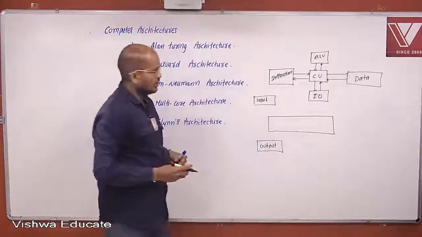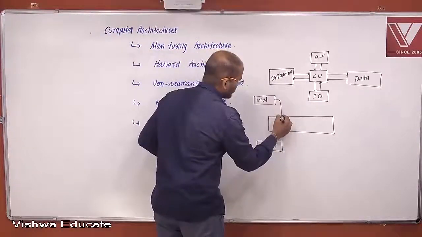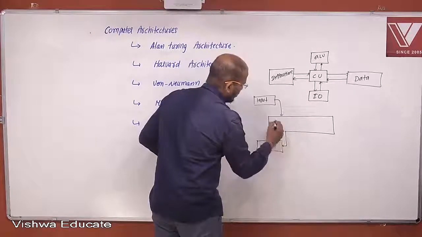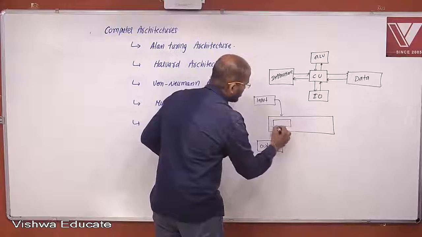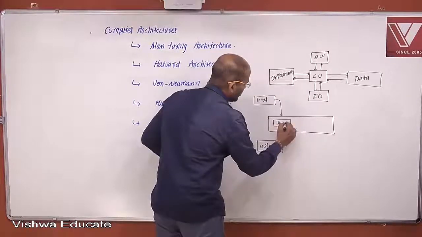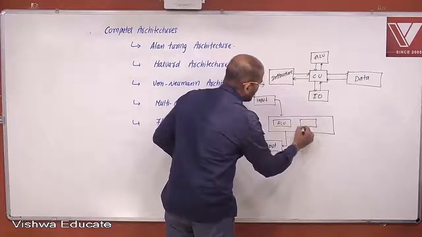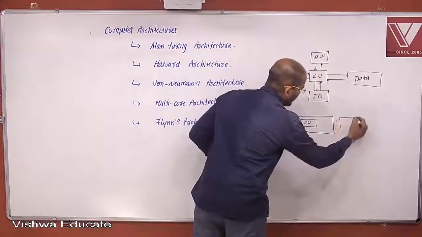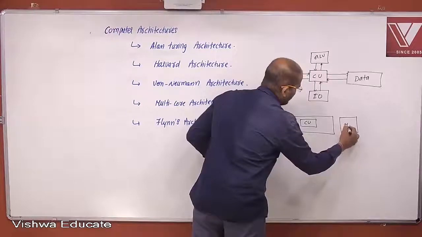The input, the output, and here we had ALU, and here we had CU, and here we have MU.